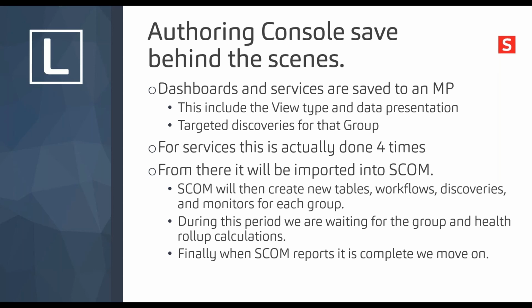We're saving the view type and the data presentation, and also targeting discoveries for a group. When you create a service, we're doing that actually 4 times: one for the service itself, the DA, and then at least for the end user application and infrastructure. It could be a couple more if you have sub dashboards, but for each dashboard we're doing kind of the same thing over and over again.